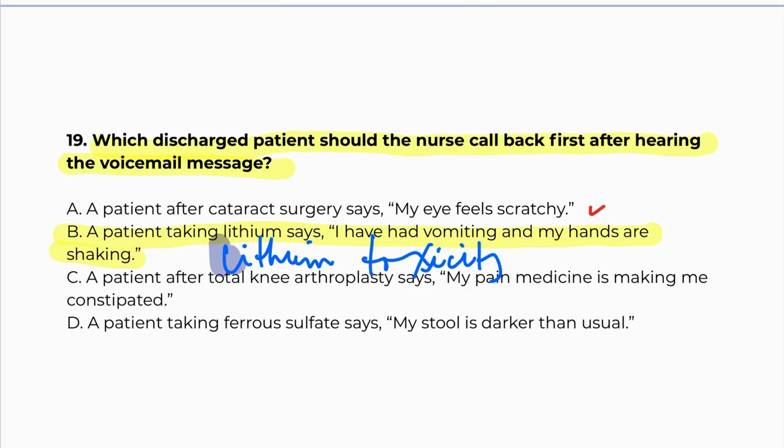My pain medication is making me constipated. The side effect of opioids is constipation, so the pain medication given is likely an opioid. And the patient taking ferrous sulfate saying my stool is darker than usual is expected with iron supplementation. So B is the correct answer.